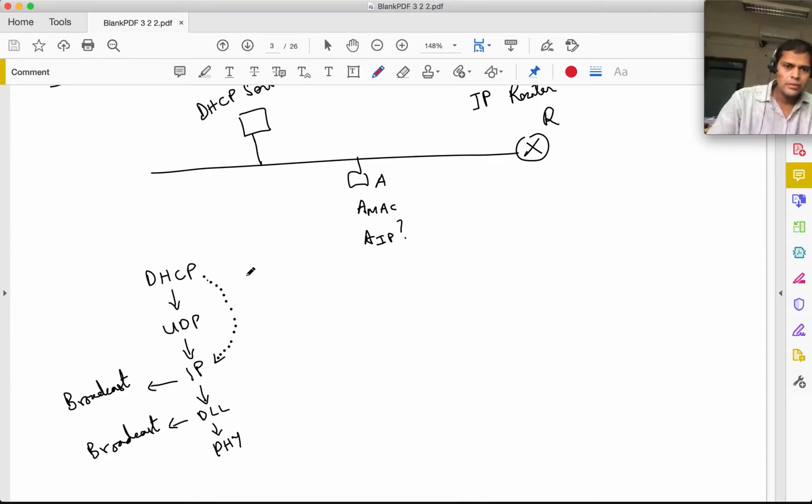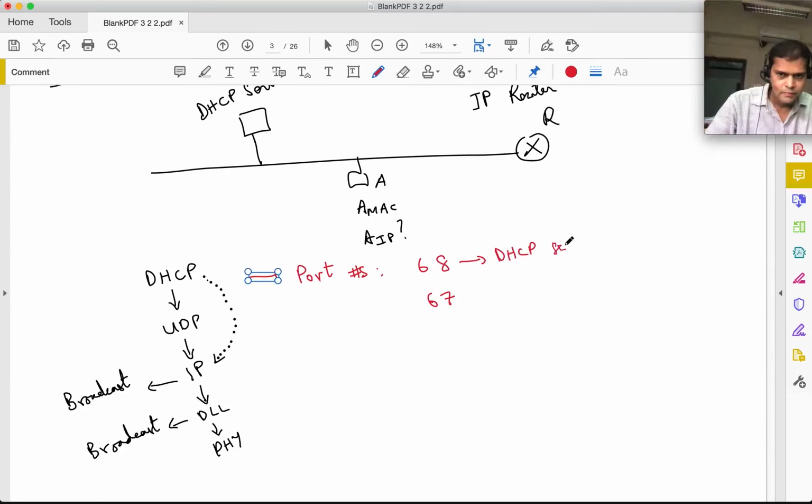The port numbers used are 68 and 67. 68 is used by the DHCP client, and 67 by the DHCP server.